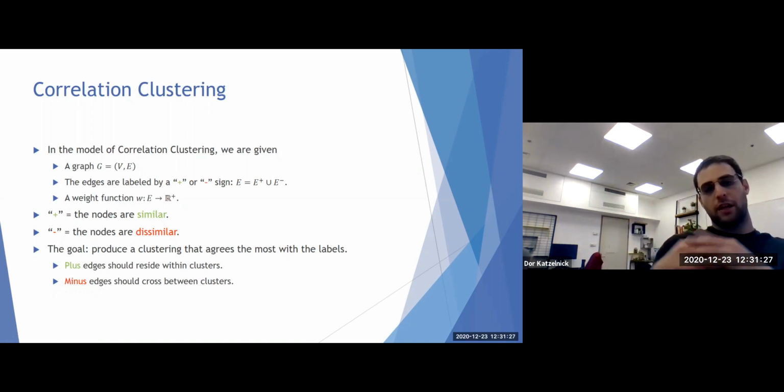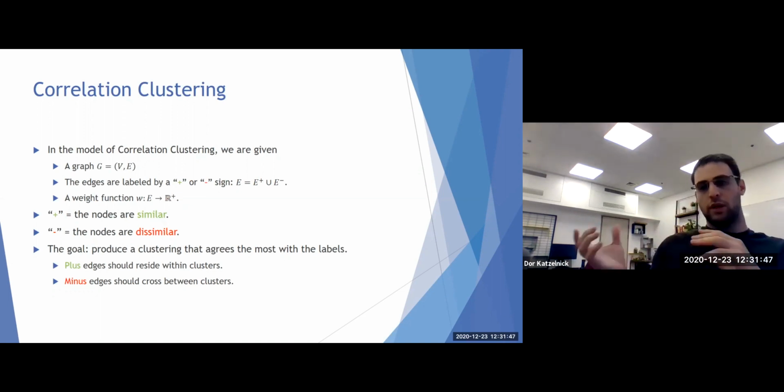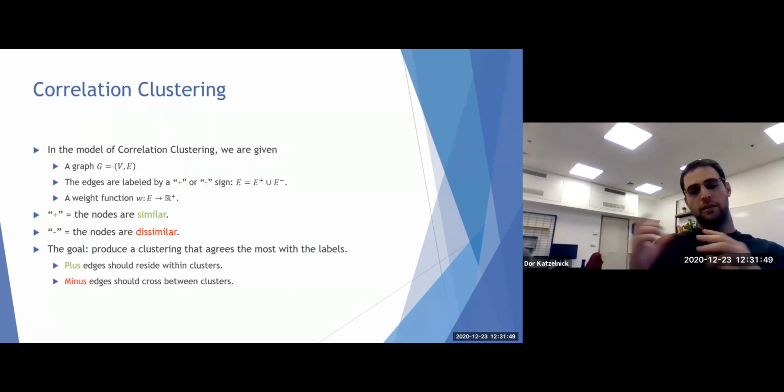Basically, we want to find a clustering of the graph, that is a partition of the nodes, in a way that agrees the most with the labels of the edges. Plus edges should reside within clusters because we want similar nodes to be together in the same cluster, and minus edges should cross between clusters because we want dissimilar nodes to be in different clusters.